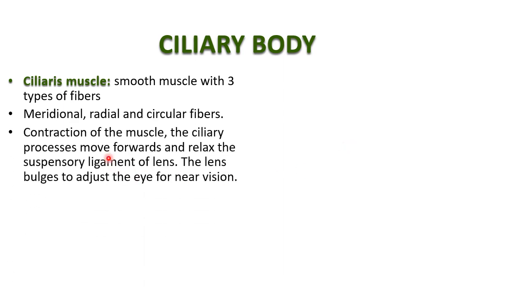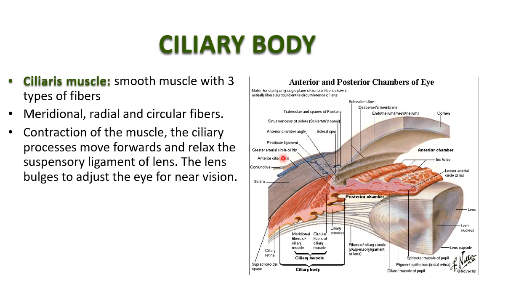Contraction of these muscles brings the suprachoroid lamina along with the ciliary process forward. When these move forward, the suspensory ligament fibers are relaxed, so the lens is relaxed. Are you able to understand?